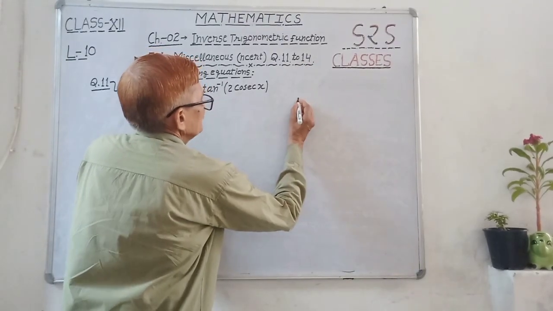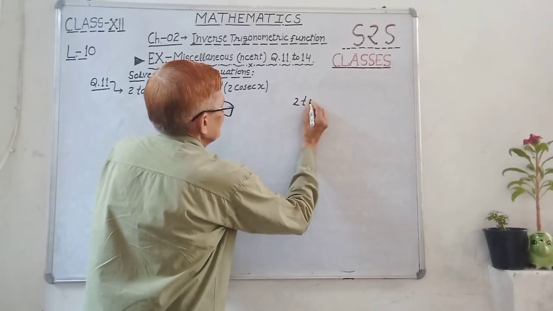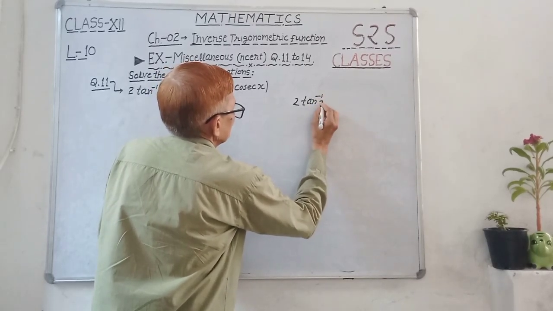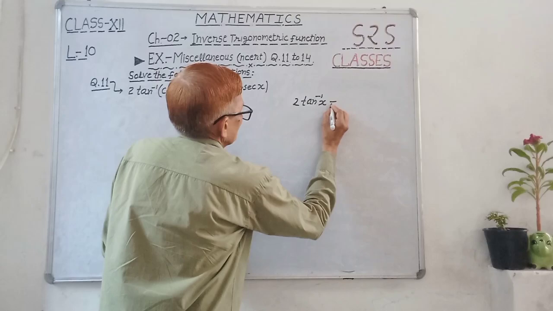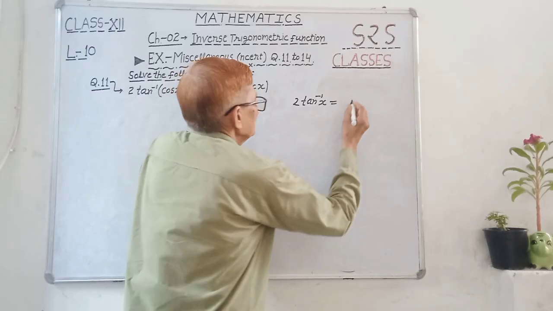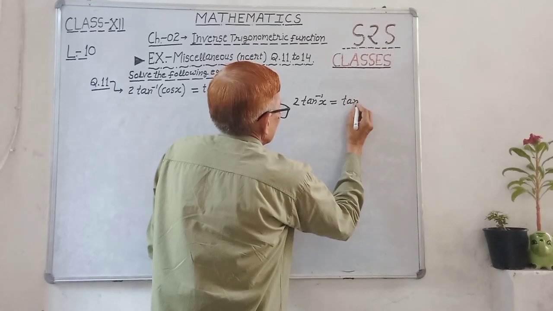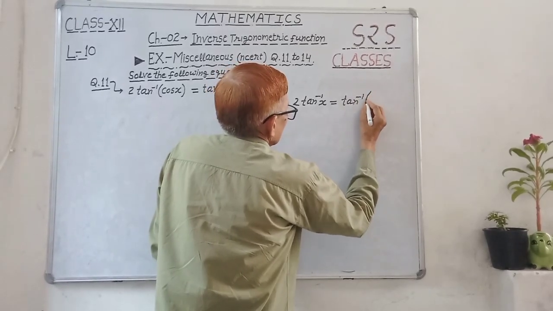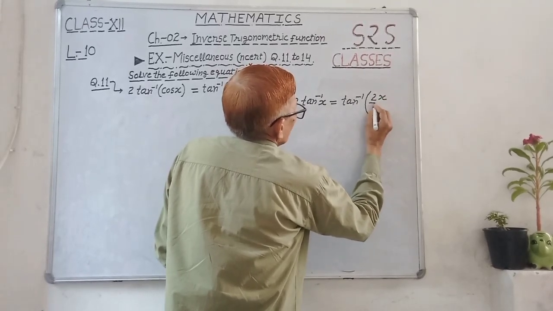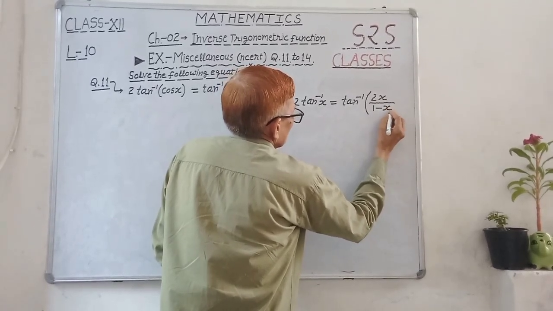First we should use that. 2 tan inverse x is equal to tan inverse 2x upon 1 minus x square.